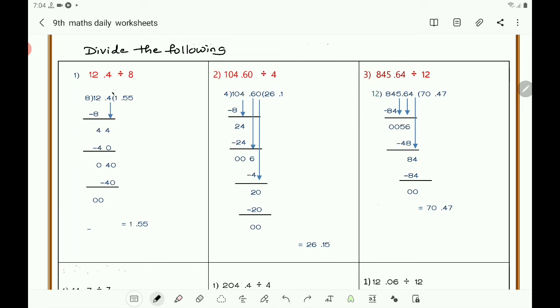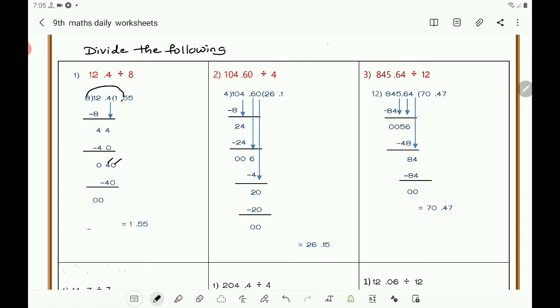Then next you take this 4 down. So it becomes 44, and as you are taking the number after the decimal point, here also take the decimal point. Then 8 5s are 40. 44 minus 40 is 4 you will get.